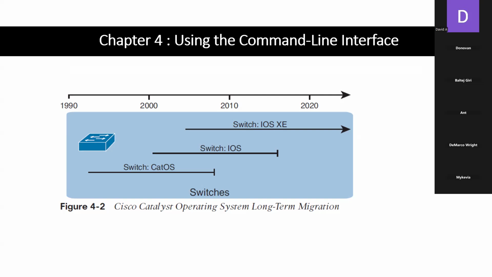But it was much easier to manage these devices. Then, in the 2000s, it looks like here in my notes, it started within 2006. Cisco began implementing iOS XE within their switches. It modernized a lot of the architecture within managing a switch.